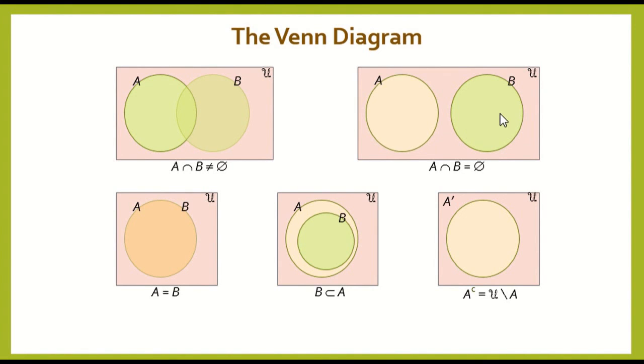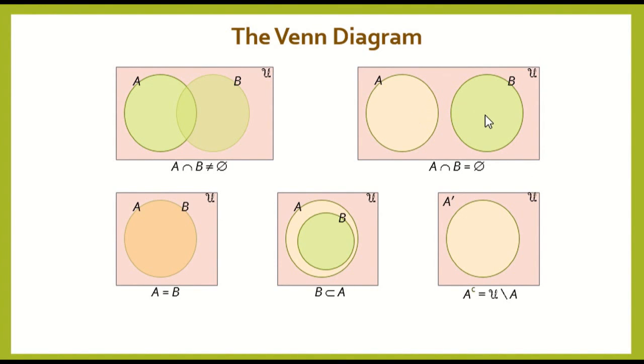Unlike this one, here set A and set B do not overlap since the intersection of A and B is empty. So, because they have no intersection, the two circles, set A and set B, do not overlap.